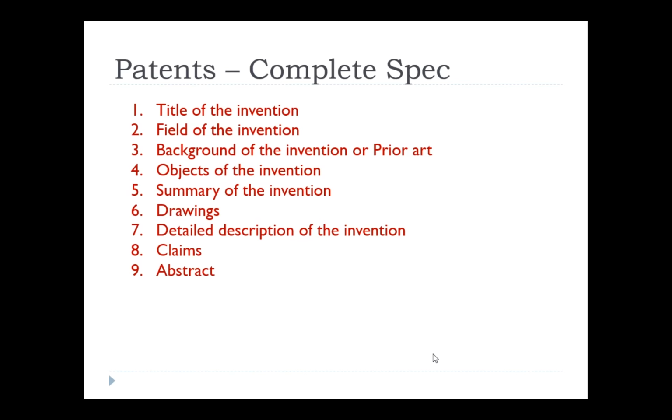But one thing which I would like to highlight here: if it is a process invention, please give at least one example of how that works, because you might have derived a complex process, but it is not easily understood by everyone, right? In that case, you need to give one example.